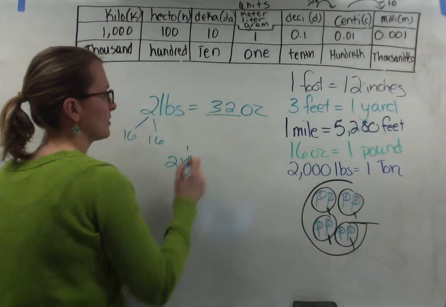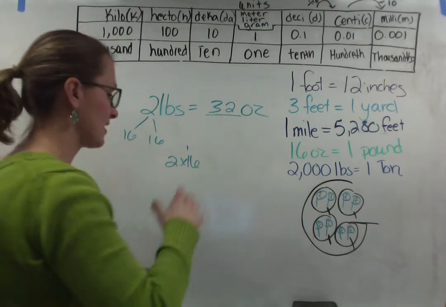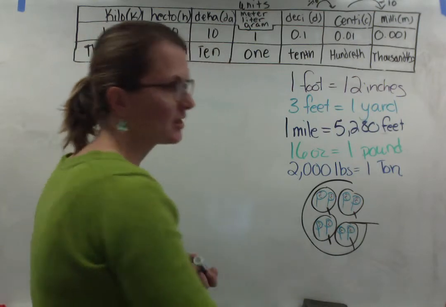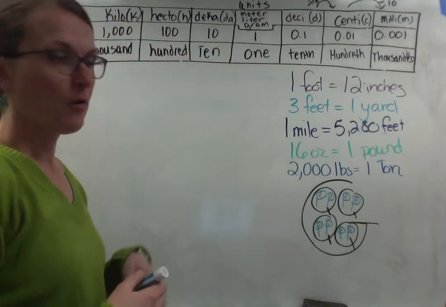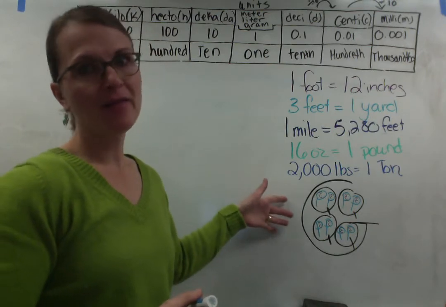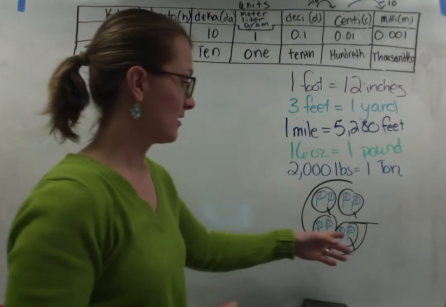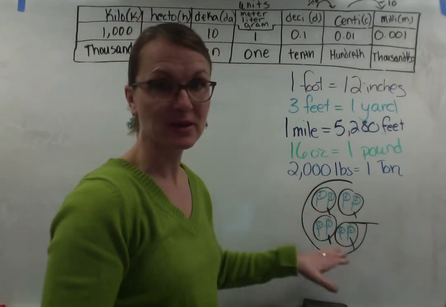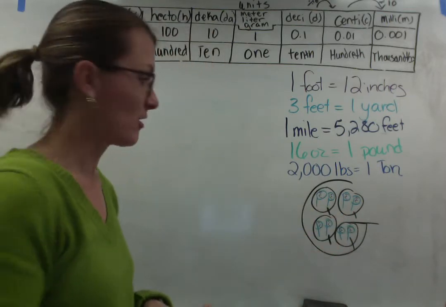So you get 32 ounces. So this is going to work across the board, whether you're dealing with metric or standard units of measure or capacity, like in our gallon model. I love the gallon model because you have it divided up really nicely and evenly in this picture, which you can totally draw to help you solve things.